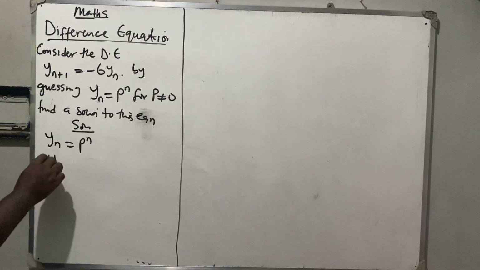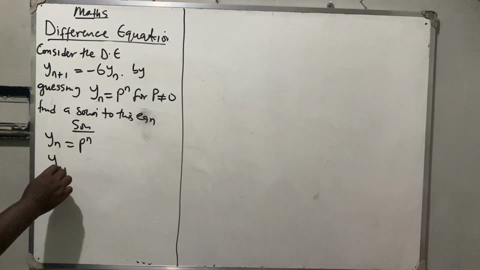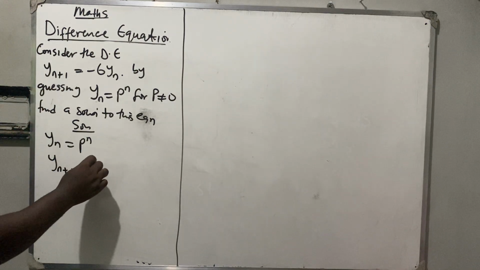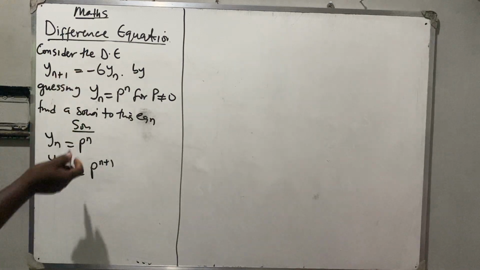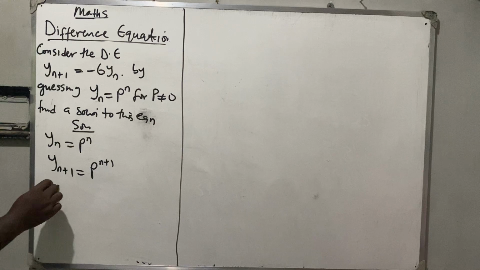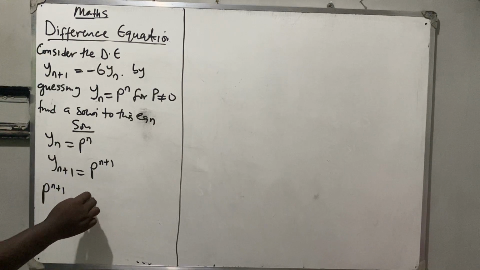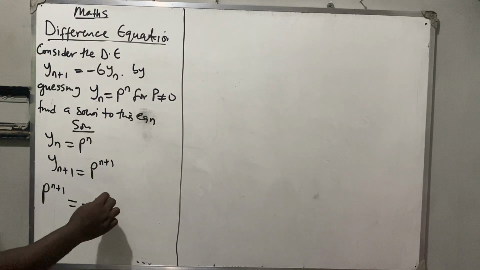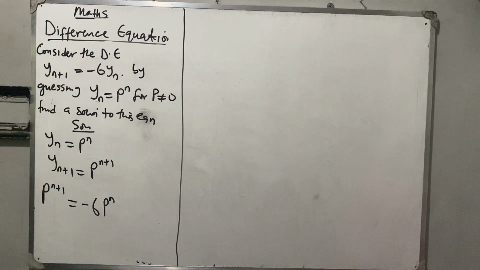So therefore, y_{n+1} is equal to what? p raised to power n+1. Then substitute, you are done. If you substitute it in this equation, I have p^(n+1) equal to -6 p^n. So that becomes the solution. As easy and simple as that.